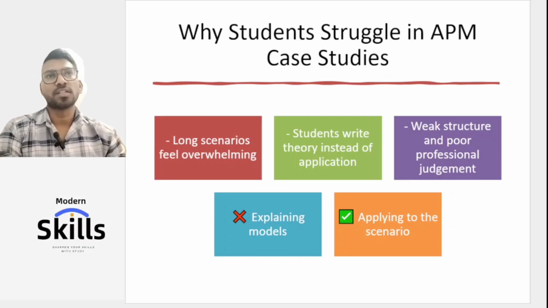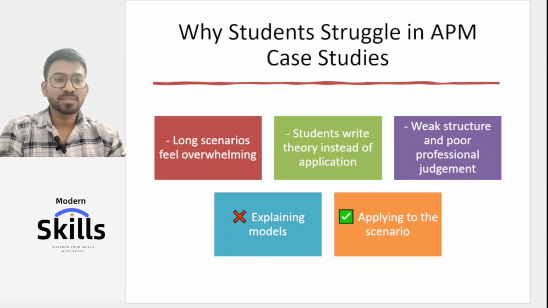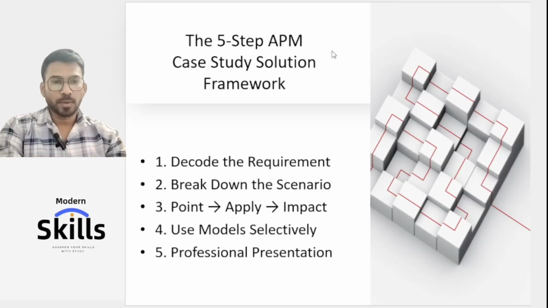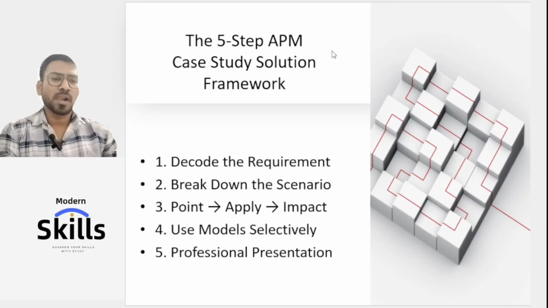If they miss the professional judgment, they will lose marks. They just explain the models, but they don't apply the models to the case study scenario, and that's the biggest mistake and the biggest struggle in APM case study questions. Okay, so now let's jump into the 5-step APM case study solution framework.